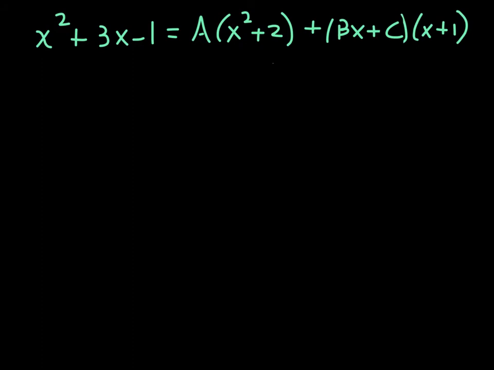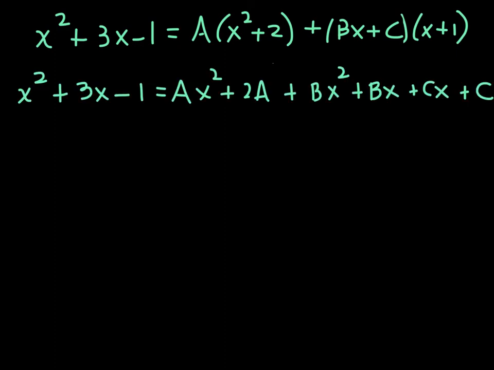So what I'm going to show you to do with this example is distribute this out, right? So multiply that out and distribute the A. All right, I went ahead and did that. And now what I want you to do is combine like terms.